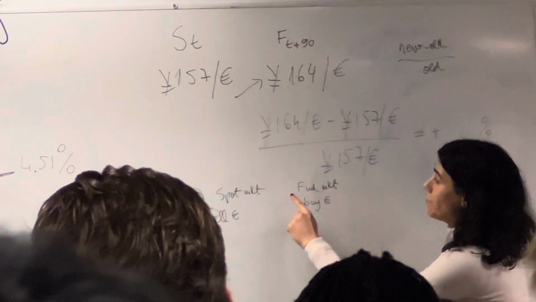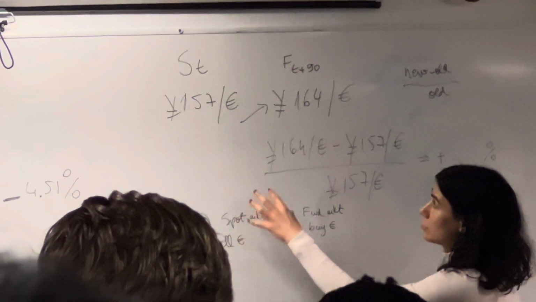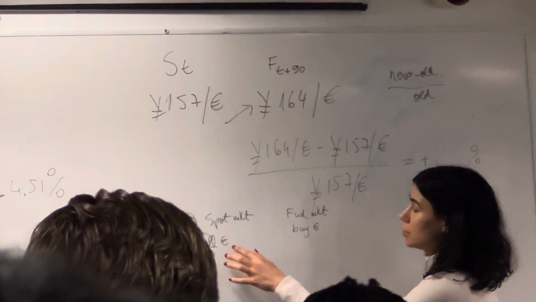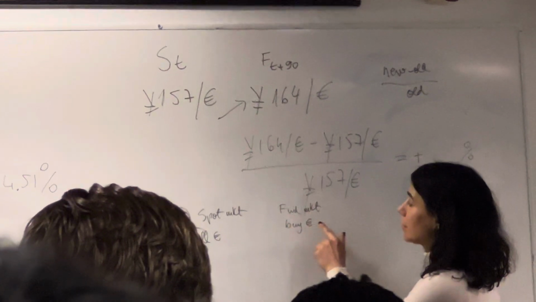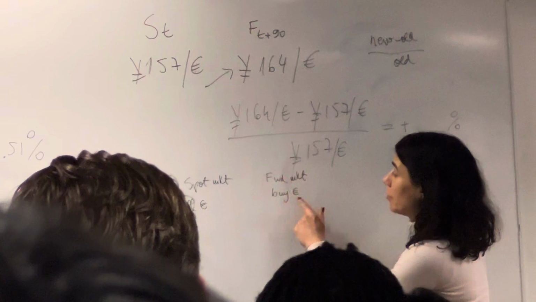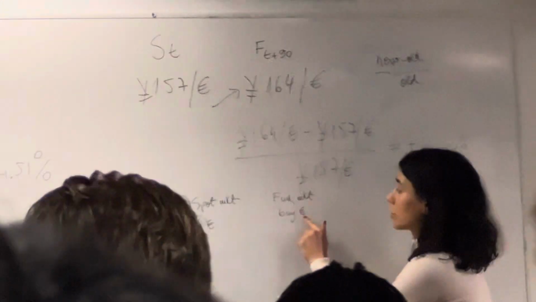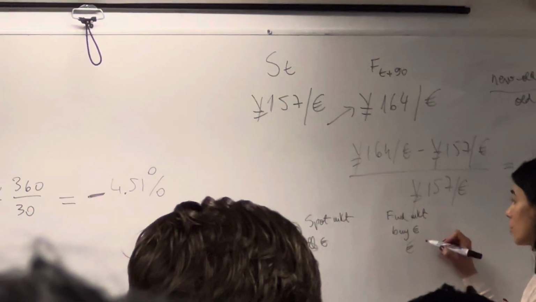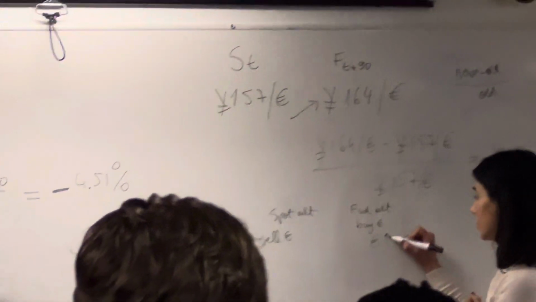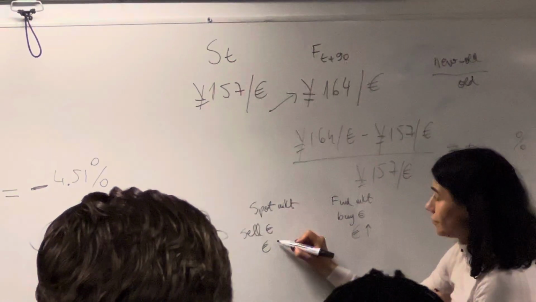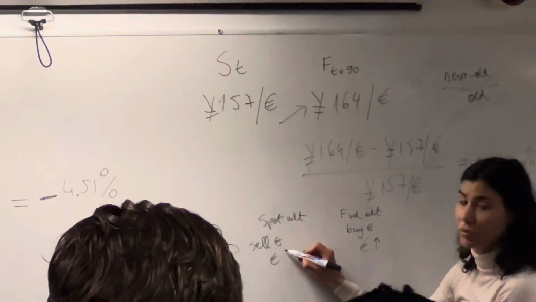In the spot market, the euro is priced at something, right? And you can be selling it spot and buying it forward. In the forward market, if more and more people buy, the euro will go up. And in the spot market, if more and more people sell the euro, it will go down.